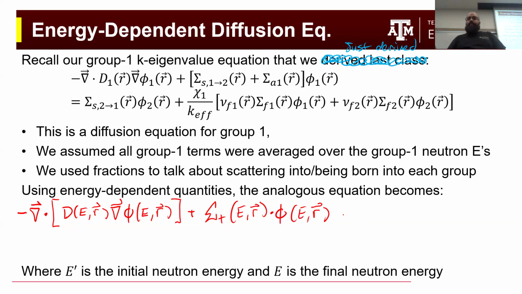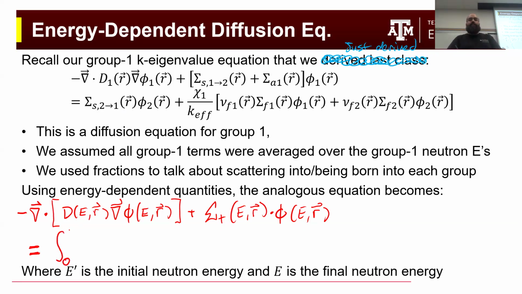And then that is equal to, I'm going to put my equal sign right here, the gain mechanisms into this group from scattering reactions. So the way that I'm going to write this, if the energy is a continuous variable, is that I'm going to have an energy integral.